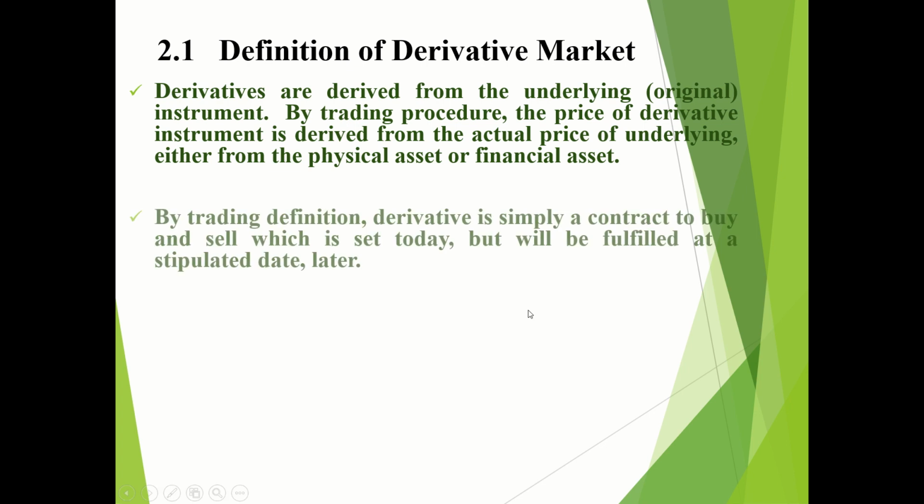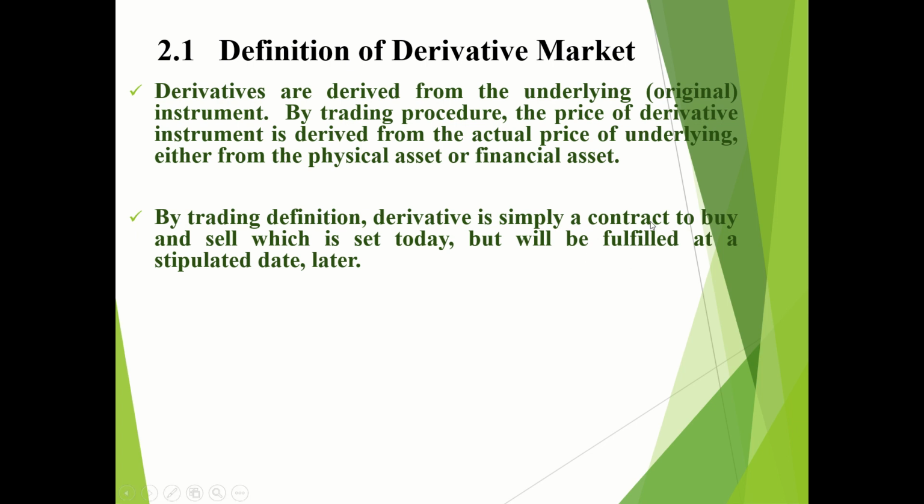Okay. By trading definition, derivative is simply a contract. I have said two or three times already, derivative is a security. But what is interesting about this security is that it is also actually a contract. It is interesting because this contract also represents one type of security that you can trade. A contract that can be traded, you can sell, you can buy.